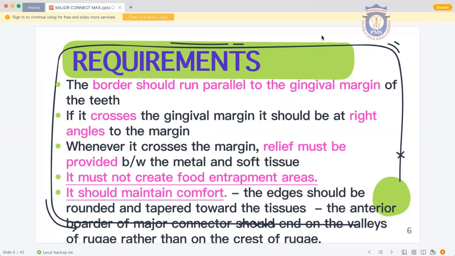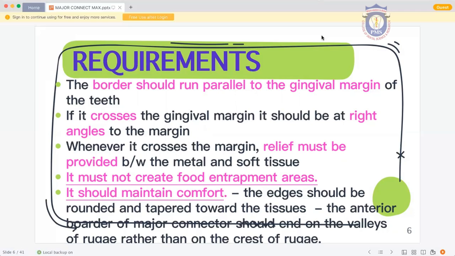Whenever it crosses the margin, a relief must be provided between the metal and the soft tissue. So keep in mind that whenever the major connector or the minor connector has to cross the margin, it has to have a relief under that.